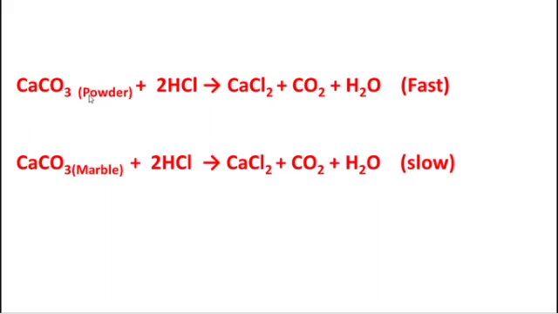The reason: the reactant taken in the first test tube is the powder form of calcium carbonate. This is marble, the solid form of calcium carbonate. If it is in powder form, the surface area is increased, so the rate of the reaction also increases in the first reaction.